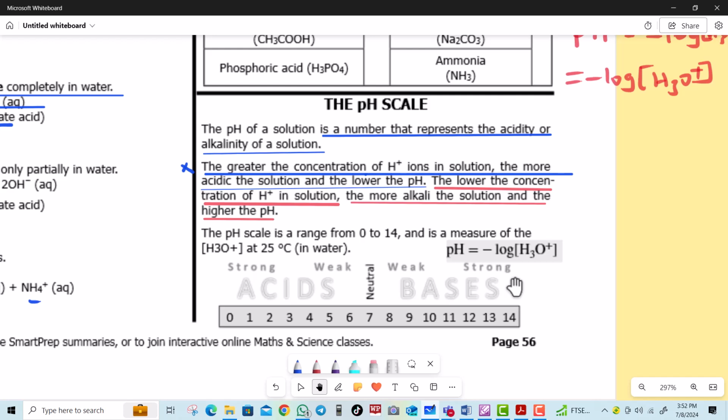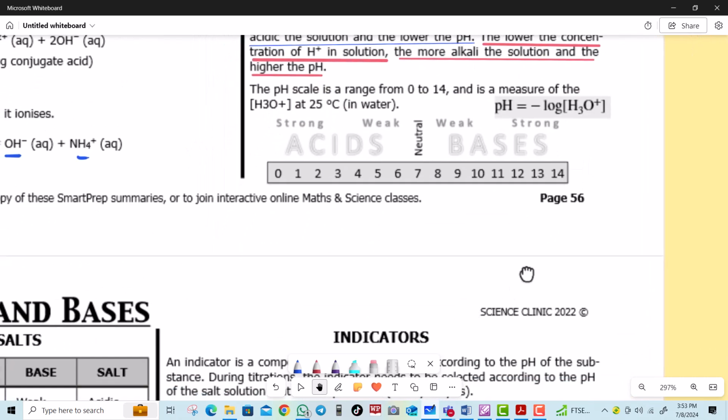The bases closer to 7 are weak, and the acids closer to 7 are also weak. The acids closer to 0 are strong acids, and what's closer to 14 are the strong bases.